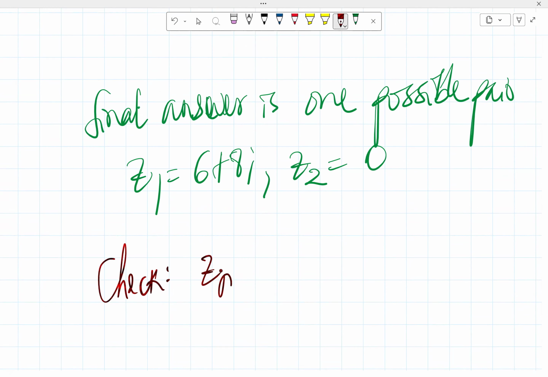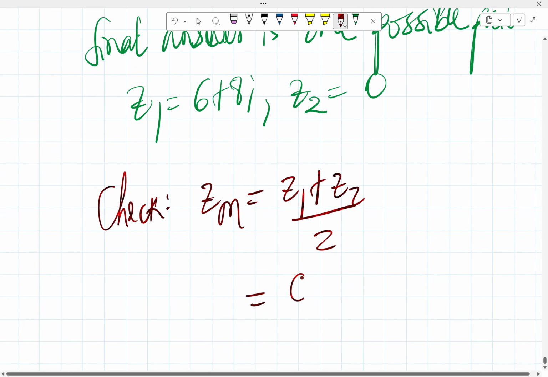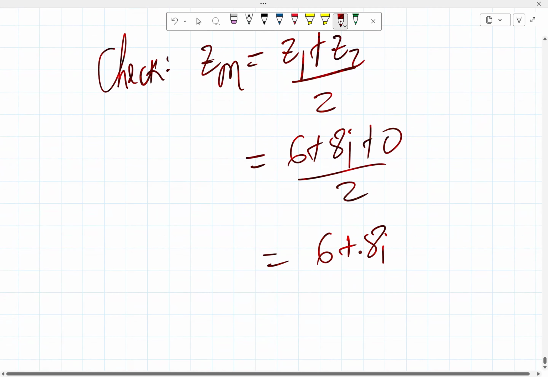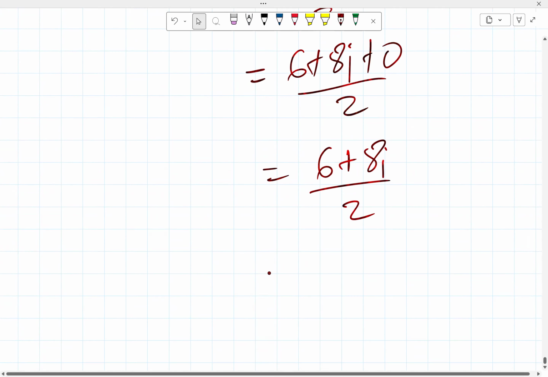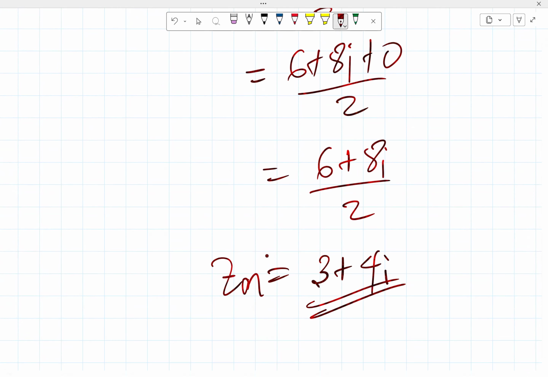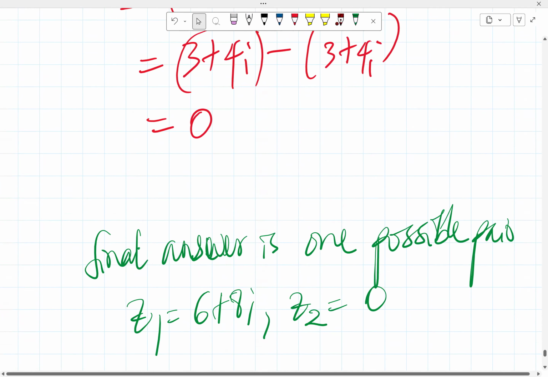We know zm should be z1 plus z2 all over 2. So that's 6 plus 8i plus 0 over 2. So that is 6 plus 8i all over 2, and that is 3 plus 4i, which is actually the midpoint in reality. So that works.